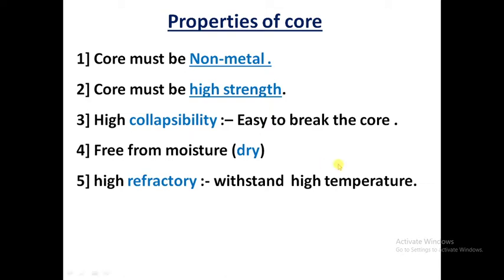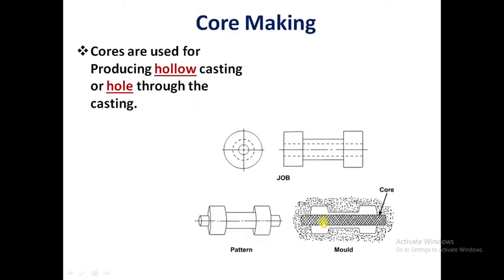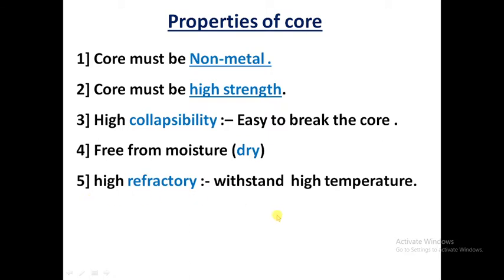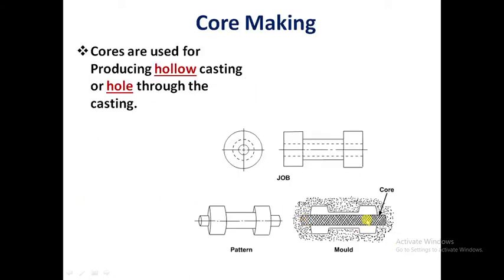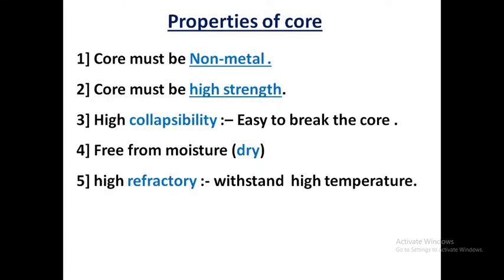That means it should withstand high temperature because we are going to keep it in a mold cavity. So it should have sufficient refractoriness to withstand high temperature. Okay, so these are the properties of the cores which are normally used to produce a hole in a casting or in a required part or product.